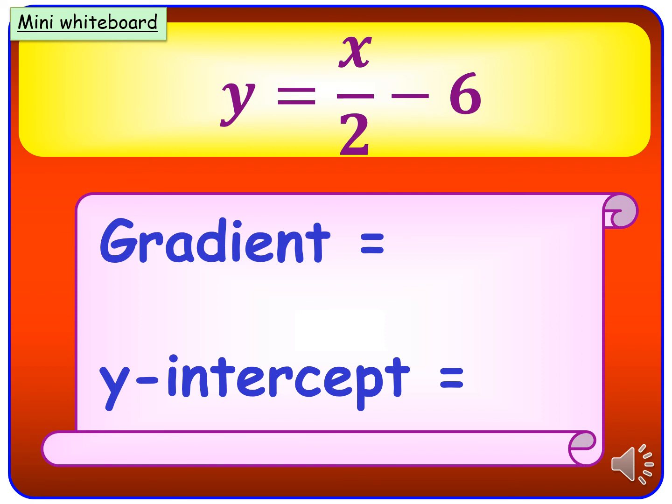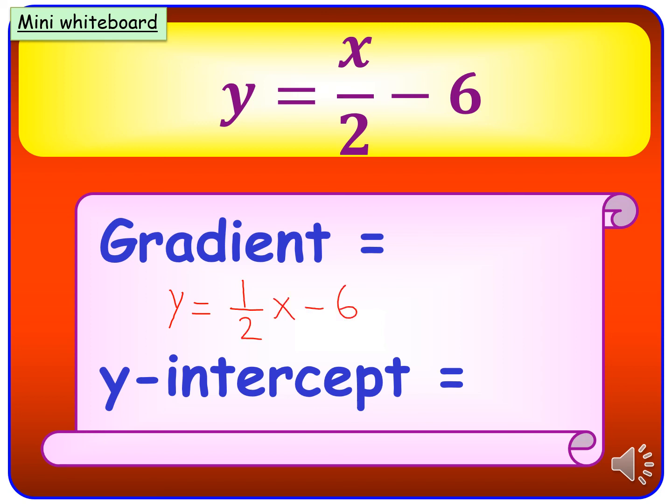Okay, so y equals x over 2 minus 6. X over 2 just means the x coordinate is halved. So I'm just going to rewrite this equation, just to make it much easier to look at. So y equals half x minus 6.